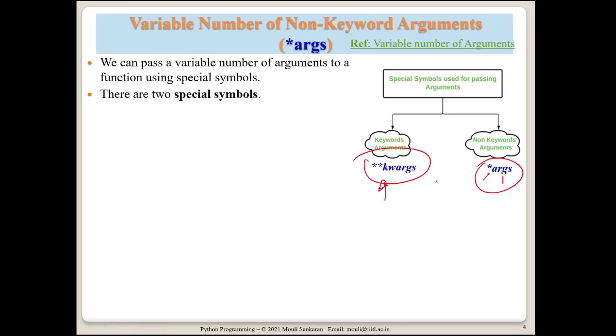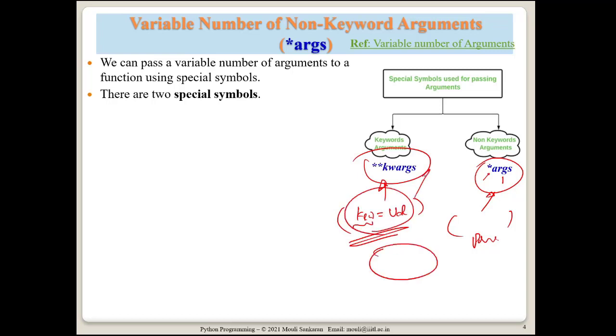So these are the only two types of variable number of arguments that we can pass. This is a variable number of positional arguments. This is a variable number of keyword arguments. That means a parameter label and a value, a pair. So passing any number of pairs to the function.